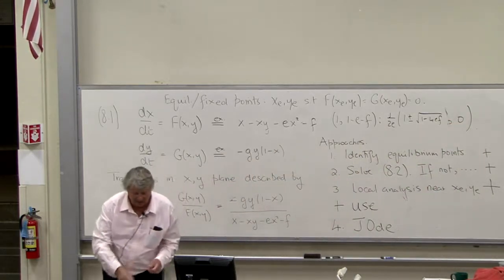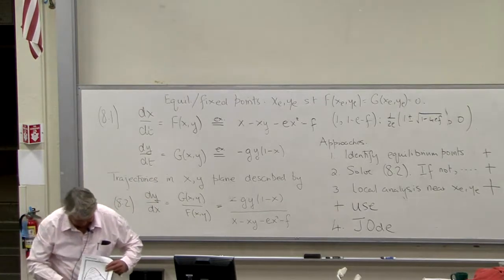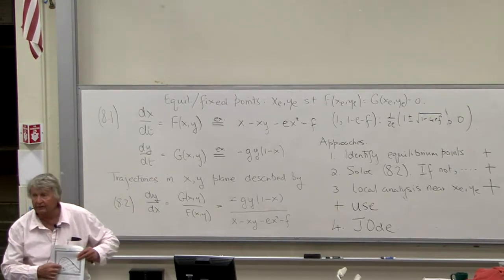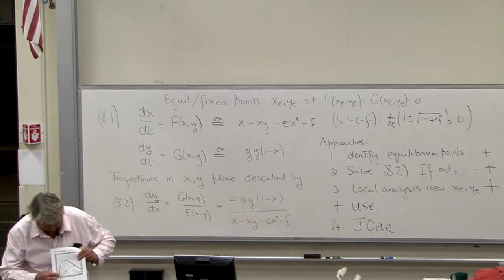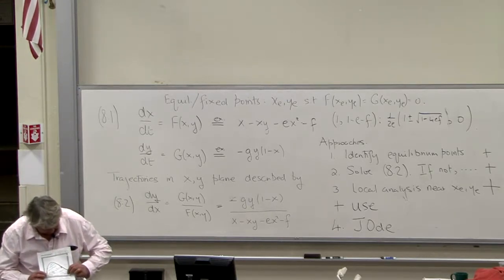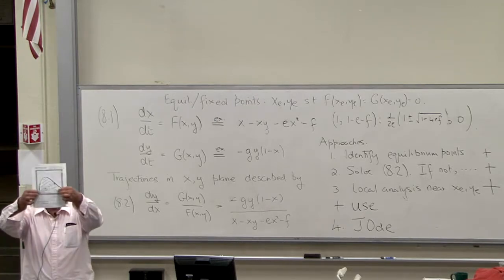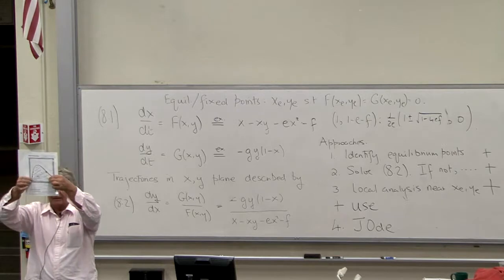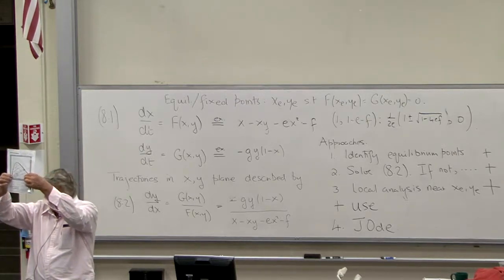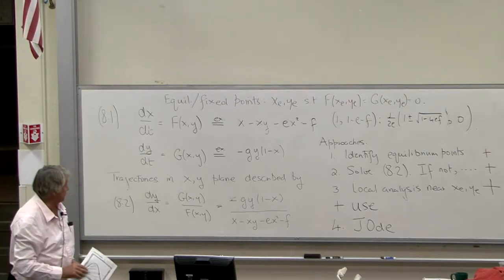So on our graph here, here are the fixed points. This is the 1 minus e minus f, and the other fixed points are here and here. They're roughly 0.25 and 2 and a bit, roughly there and there on the y equals 0 axis. So they're the fixed points.